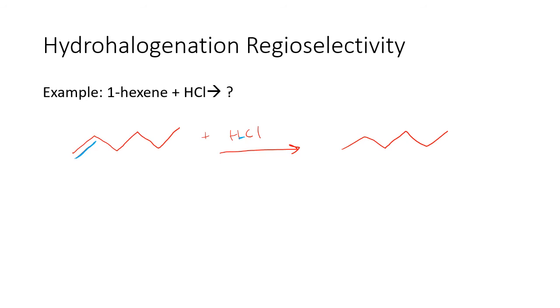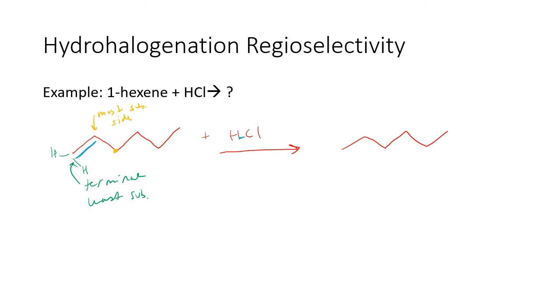So if we look at our 1-hexene, the end, which is the terminal location, is going to be our least substituted side. There's two hydrogens coming off there and no alkyl groups. Off of the carbon at the top, that's going to be our more or most substituted side. Here we have one alkyl group coming off of the double bond from that side.